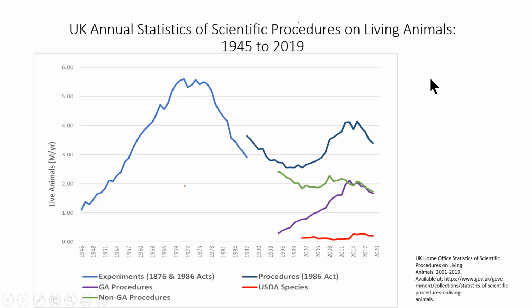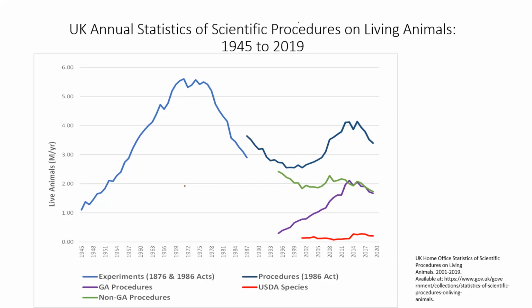Now, the important observation here is that total vertebrate animal use in the UK, as with reported species use in the US, rose and reached a peak in the late 1970s and then fell off dramatically. There's a split here between the two blue lines. That's because in 1986, the UK changed its definition of what it counted as a procedure.